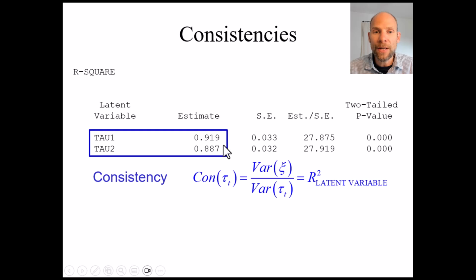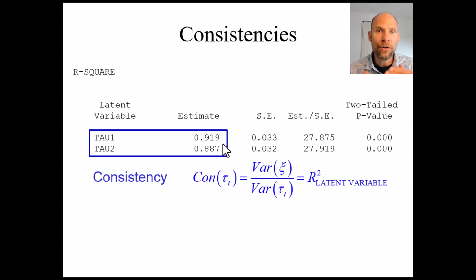And so those give you R squared values between 0.887 and 0.919, indicating that between 88.7% and 91.9% of the latent variance of the first order true score variance was trait variance. So most of the variance in the tau 1 and tau 2 time-specific factors represents trait variance.